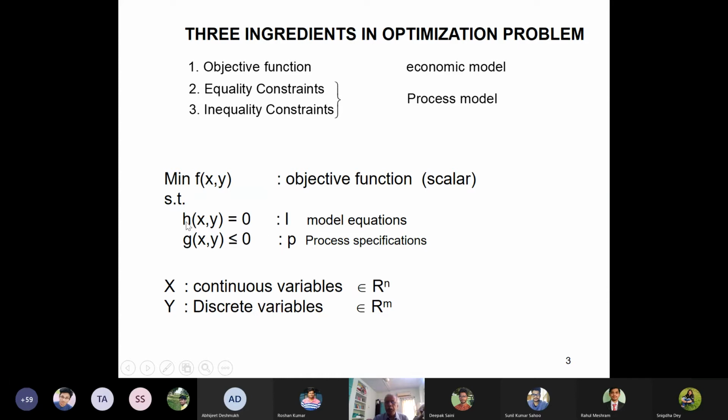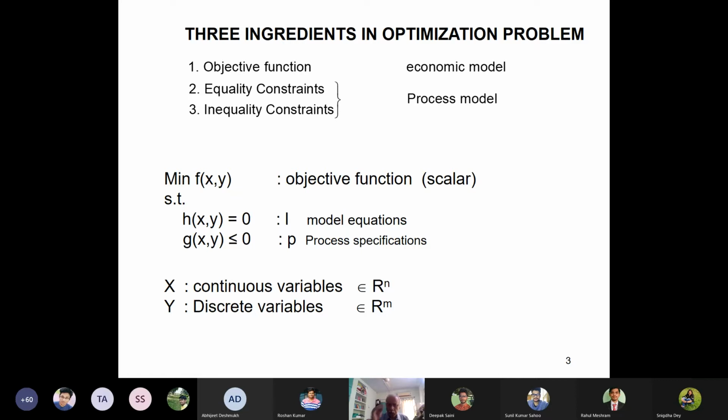You have to have a number of variables more than the number of equations so that you can play with the number of degrees of freedom or the unknown variables to minimize certain objective functions. So this is an important thing that when we formulate an optimization problem, we should remember this thing.